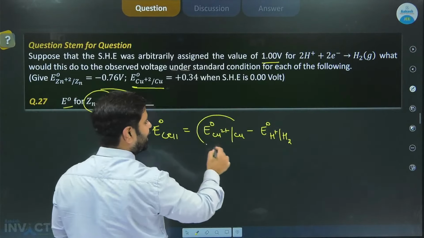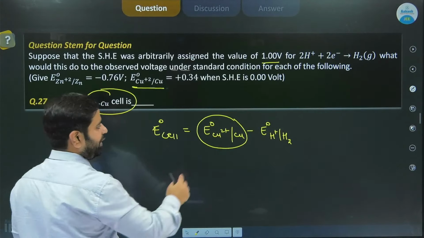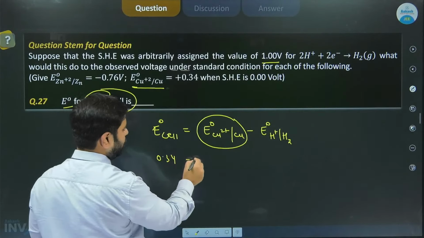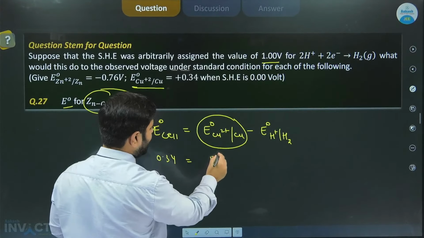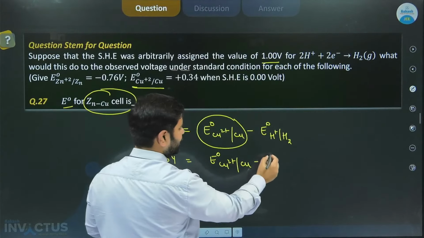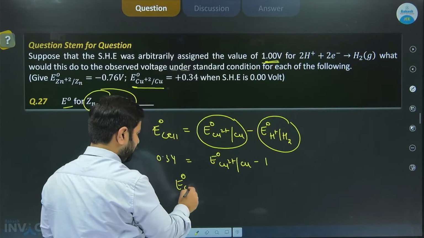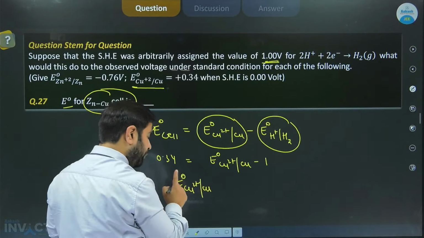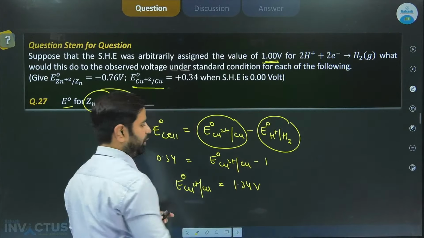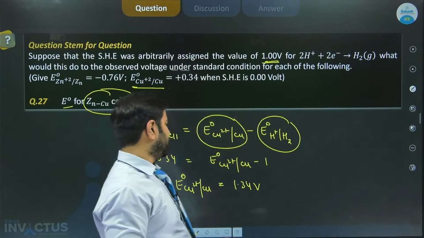So from here we can calculate the value of E0 Cu2+/Cu. So 0.34 equals E0 Cu2+/Cu minus, and this we have to consider as 1 volt. So the E0 value for the copper electrode would be equal to 1.34 volt when we take the standard hydrogen electrode value as 1 volt.